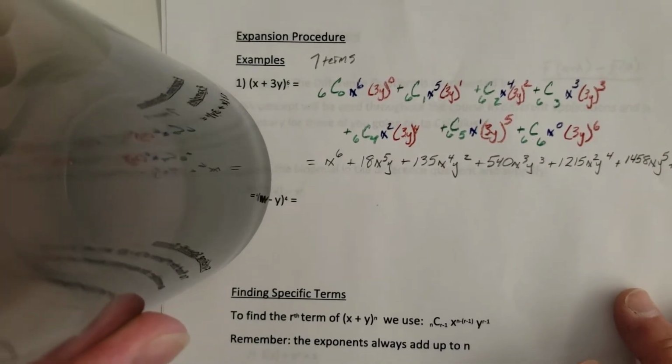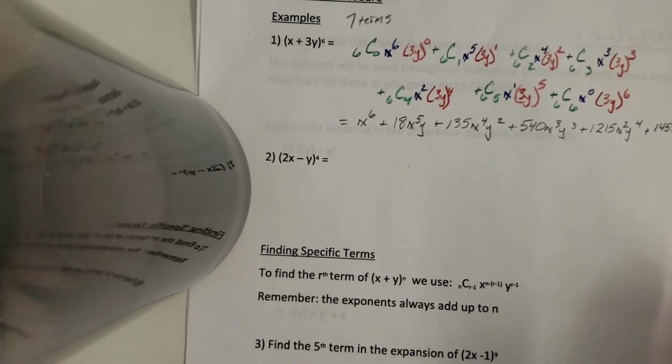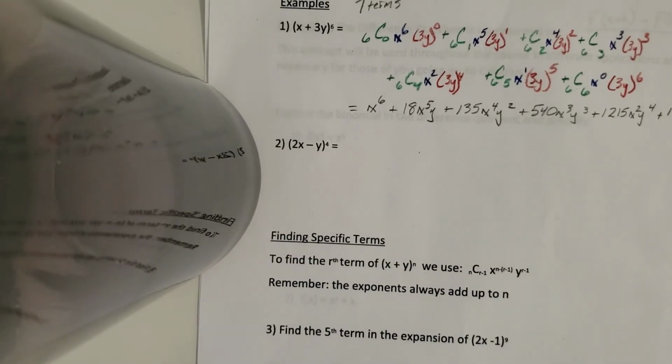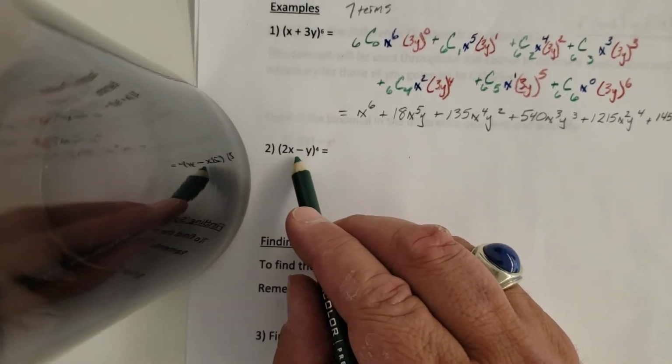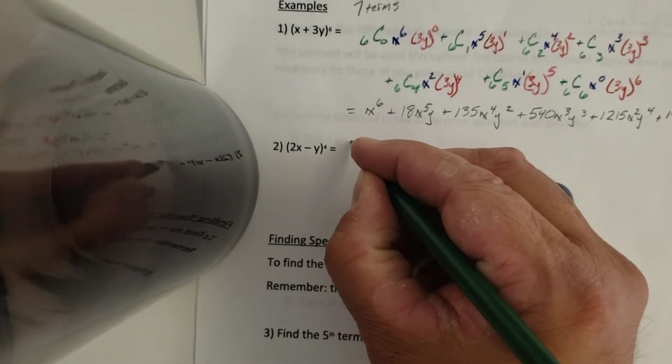Now, what you can do right now is maybe pause the video to do the next one on your own, but I'm going to keep going here so that you understand what to do. I'm going to do another one. Now, you'll notice the difference here. What I've done is I've got a negative sign in here, so you have to be careful with that. All right? So again, I'm going to do the same thing.